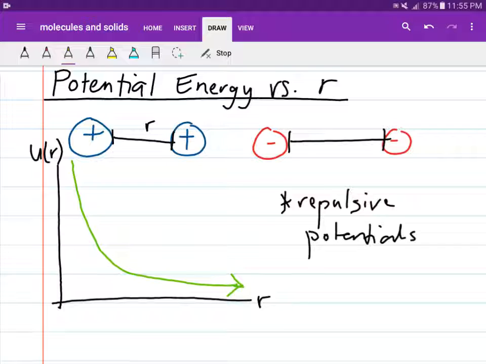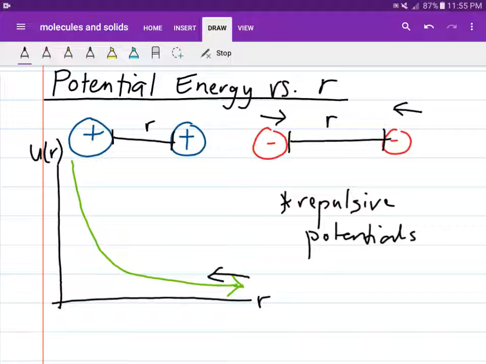So what this means is as you move the two charges together, meaning you are reducing their atomic separation R, the values of the potential energy become higher.